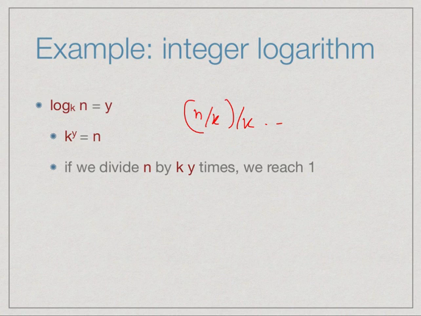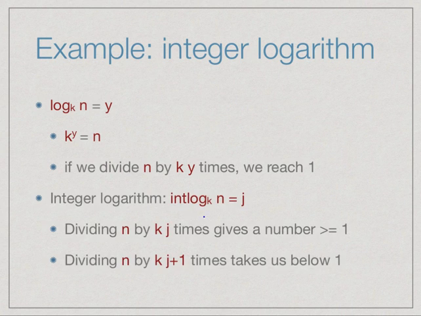Usually the logarithm is some fractional number. So let us do a simpler version which we call the integer logarithm. The integer logarithm is a number such that if we divide by that number, we stay above 1. If we divide by one more number, we go below 1. So this is the integer part of the actual logarithm.